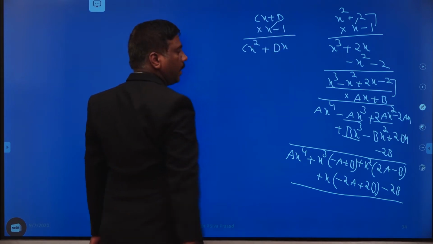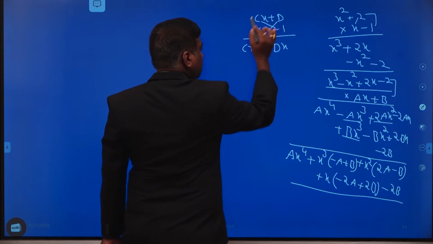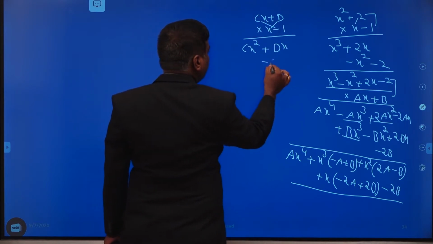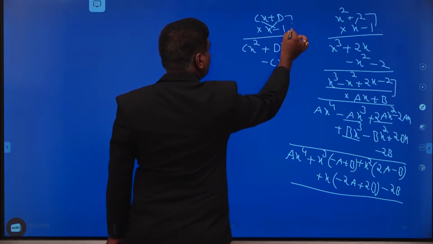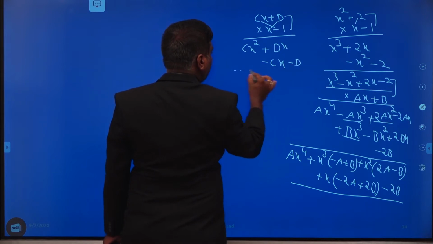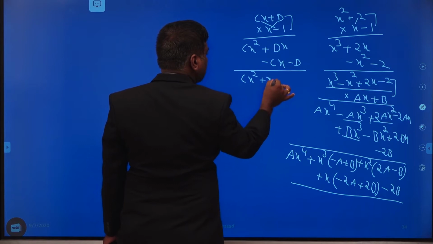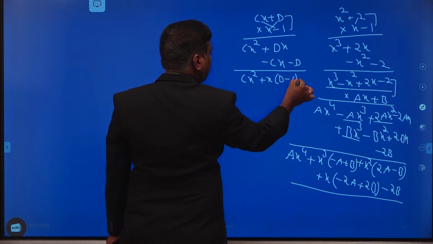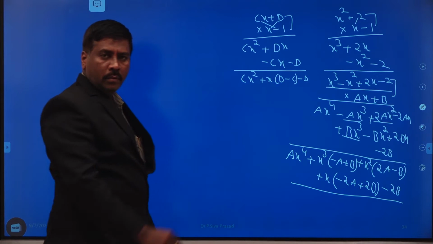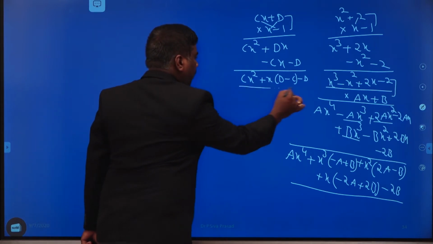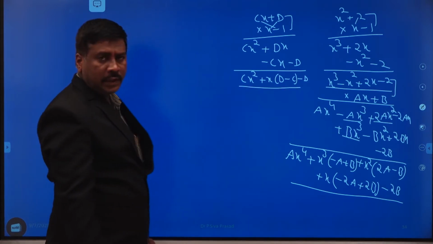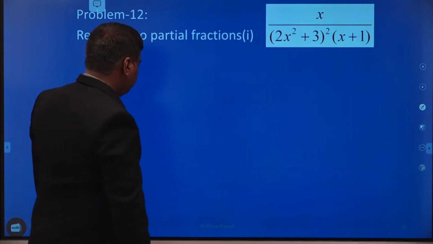Now cx into minus 1, that is minus of cx. Next the constants: minus of d. Then we will get cx square plus x into (d minus c) minus d.